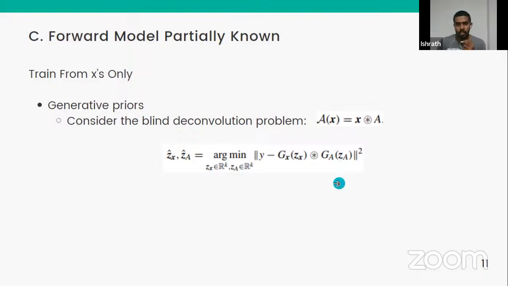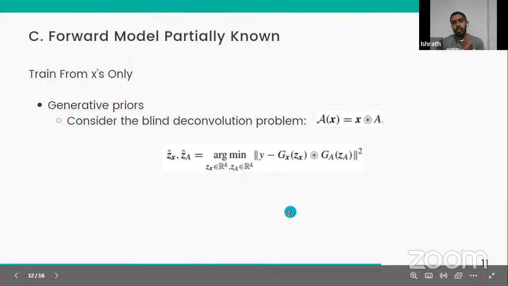After we train these two generative models, we come back to solving this mean square problem in the low dimensional latent domain. Then we can solve it iteratively.